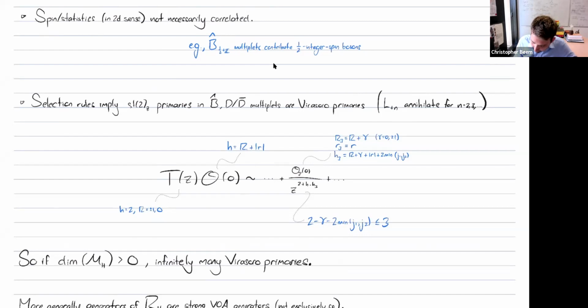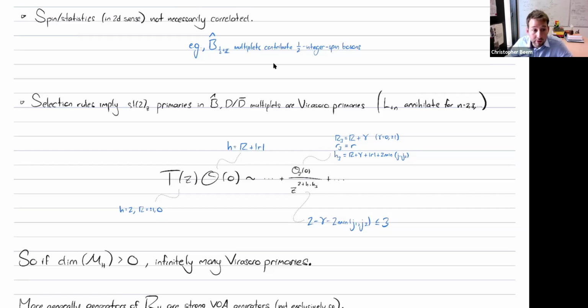So for example, we had these B hat multiplets, which can perfectly well be integer or half integer conformal dimension, and those things are always bosonic, just by virtue of the four-dimensional supermultiplet. And you can look at the rest of this classification due to Dolan and Osborn, and figure out where the bosons are and where the fermions are.